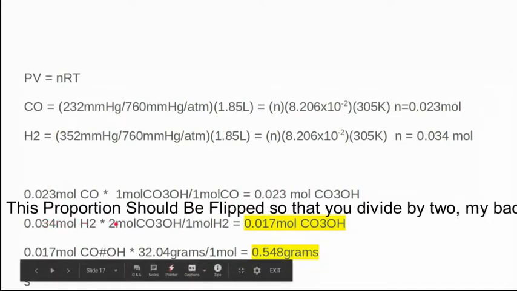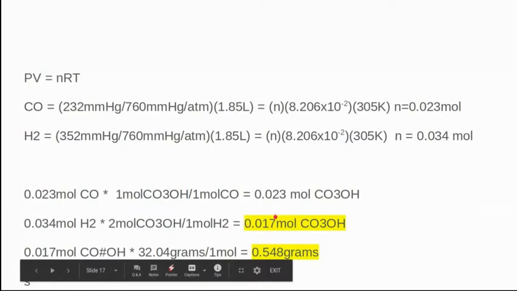Now, we're saying that there's 2 moles of H2 for 1 mole of CH3OH. So we're only going to have 0.017 moles of CH3OH. That means that H2 is your limiting reactant, and all you have to do now is take the amount of moles and convert that to grams using the molar mass.